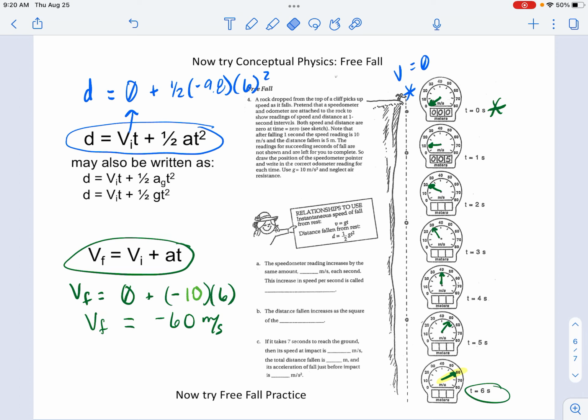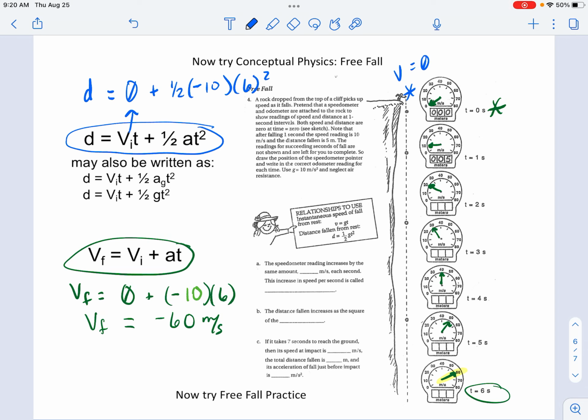So once again, for simplicity's sake, we're going to take this value of 9.8 and round it to 10 just so we don't have to worry about decimals for right now. So I'm going to end up with 1/2 of 10 times 6 squared. So -5 times 36. And so if I do -5 times 36, I have to actually do that one.